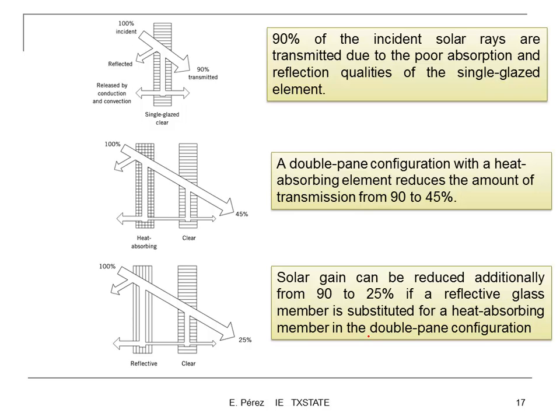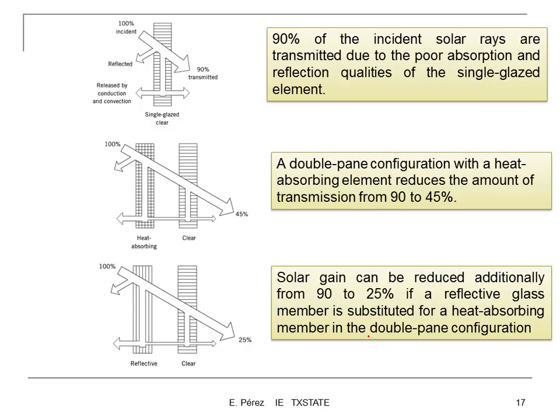But then if you add another element to that design, let's put a heat absorbing roof cover, then instead of having that 90% going inside your facility, now you're going to have half of that inside your facility. So you can lower the heat or the hot weather inside your facility. So a double pane configuration with a heat absorbing element reduces the amount of transmission by half.